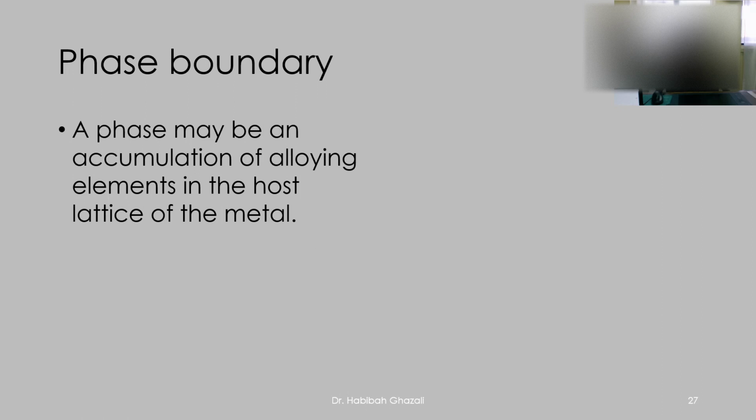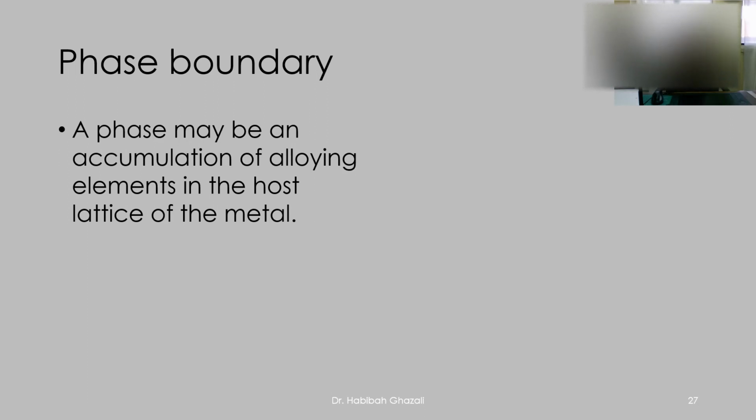Another planar defect is the phase boundary. A phase may be an accumulation of alloying element in the host lattice material. For example, for steel, steel is iron with carbon. Carbon inside the iron, if there's a huge percentage of it, can also bind with itself.